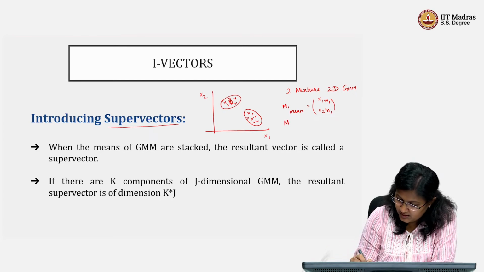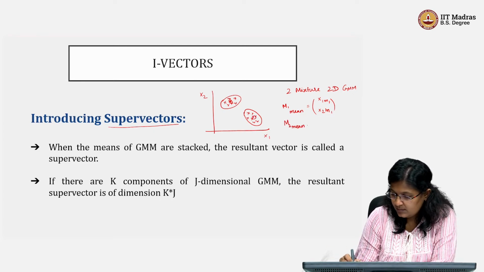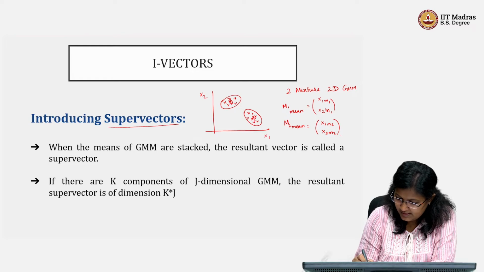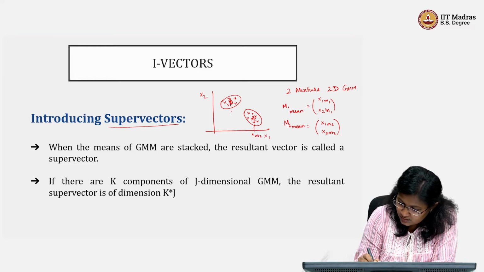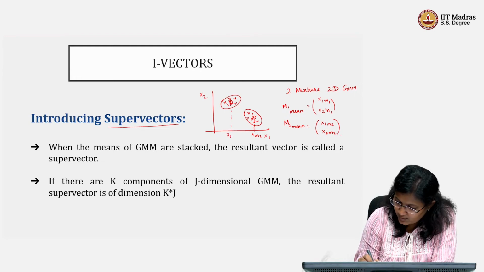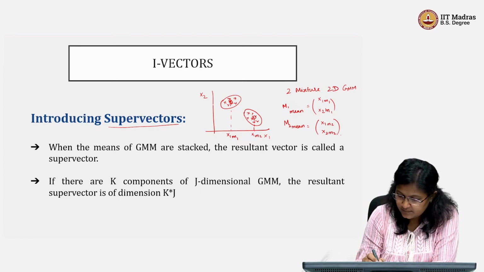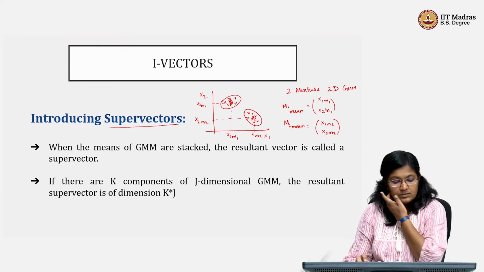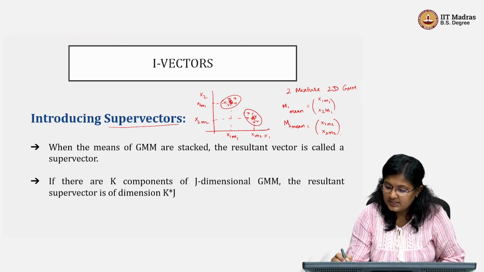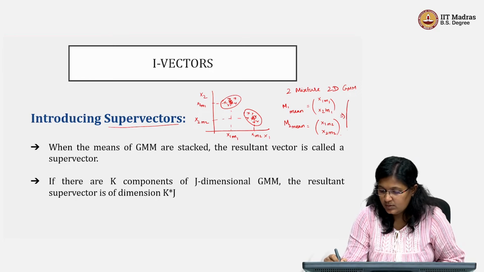What would be mixture 2 mean? That's also x1 m2, x2 m2. What I am calling x1 m2 is this. This is x1 m1. This is x2 m1, and x2 m2. So when the means of the GMM are stacked, I'll put them like this.